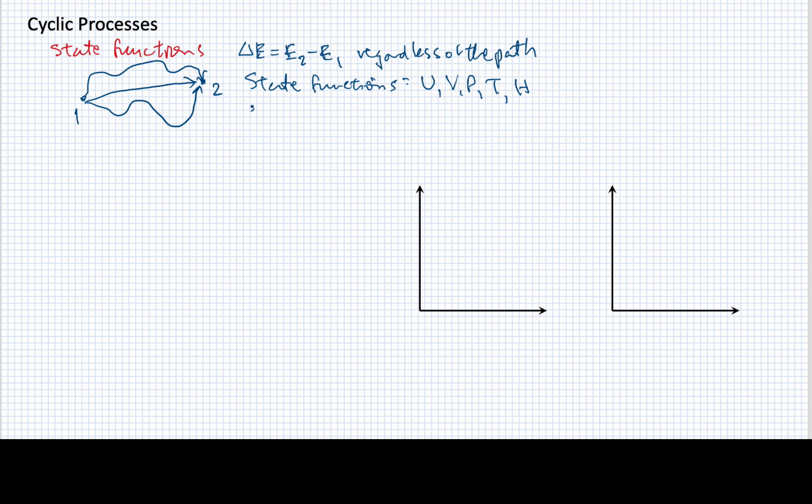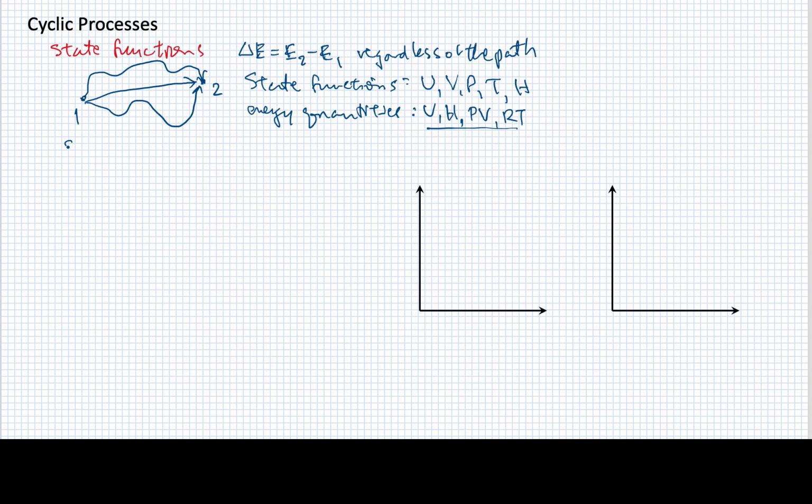And of these, we also have energy quantities, so that would be things like, obviously, U and H, which are state functions specifically of energy, but also products like PV or products like RT, which are energy functions that also are going to be state functions no matter what and not dependent upon the path.